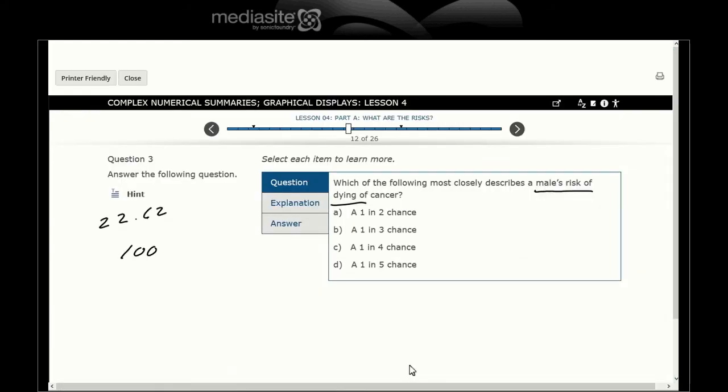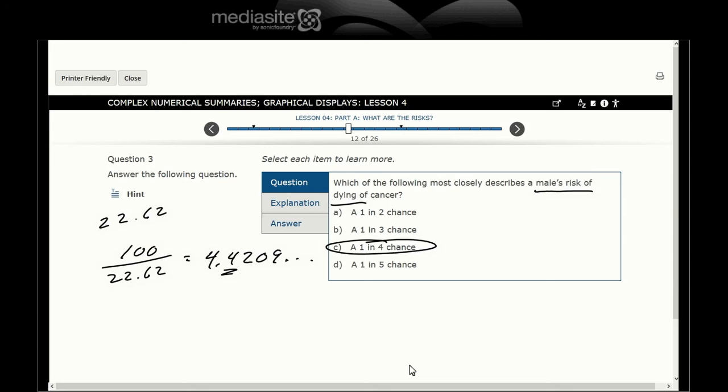Let's take 100 divided by that. Find what that is. 4.4209. Again, less than 5. So 1 in 4 chance of dying of cancer.